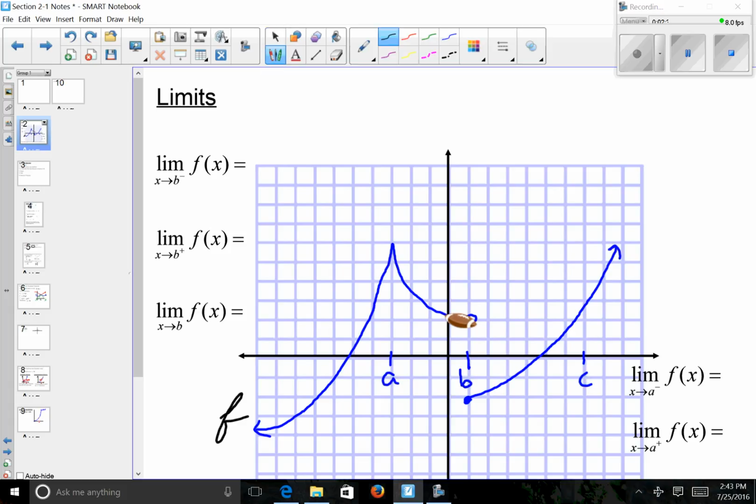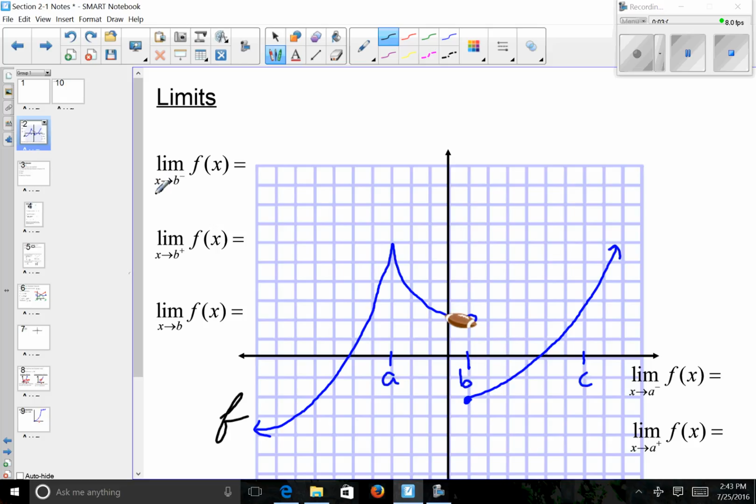In terms of notation, when we write this, we use the abbreviation LIM for limit. However, we never say lim. Whenever we see the abbreviation, we still say the limit of the function. And then below the LIM, we say what variable we have control over, the independent variable, what it's approaching.